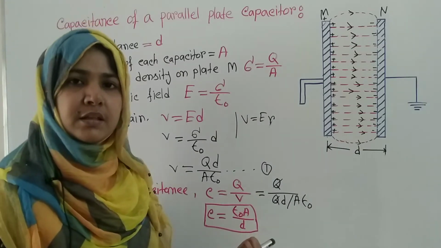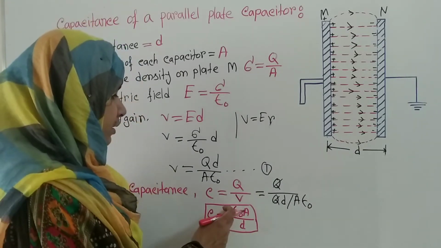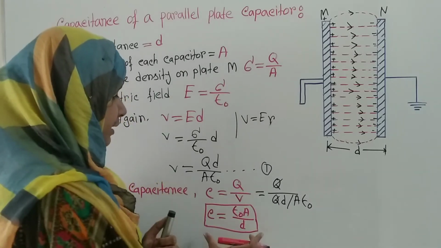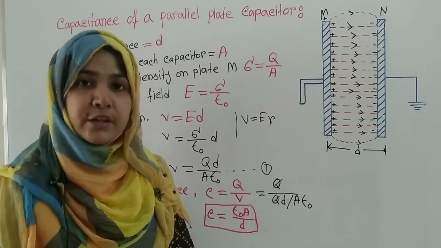In this equation, epsilon naught is the permittivity of vacuum, so this equation is applicable for the vacuum medium.